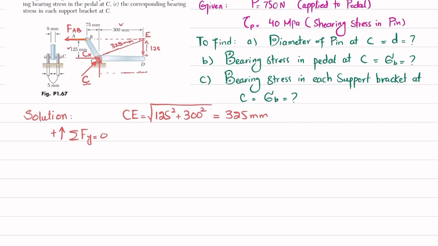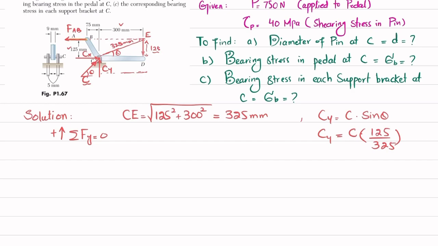If this is making angle theta, its component Cy will be equal to C into sine of theta, and sine of theta is 125 by 325. So C into 125 by 325. This is the value of Cy.